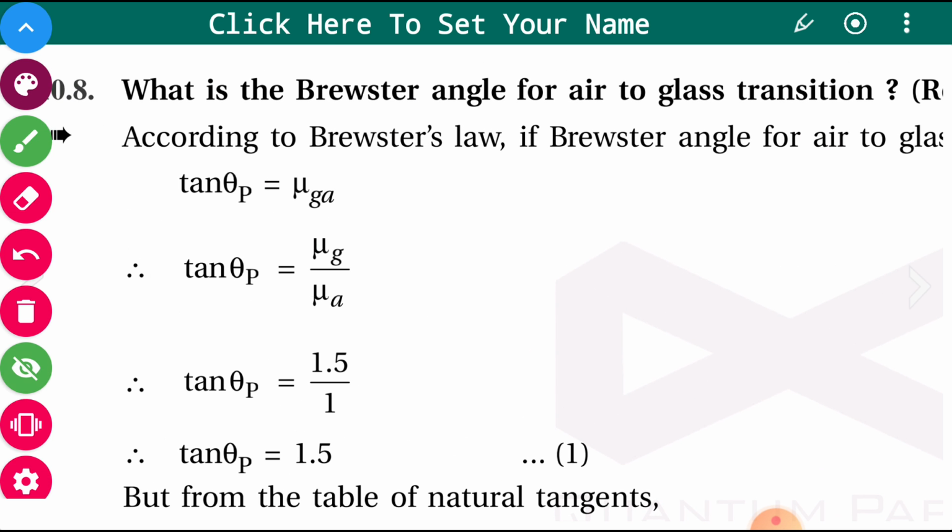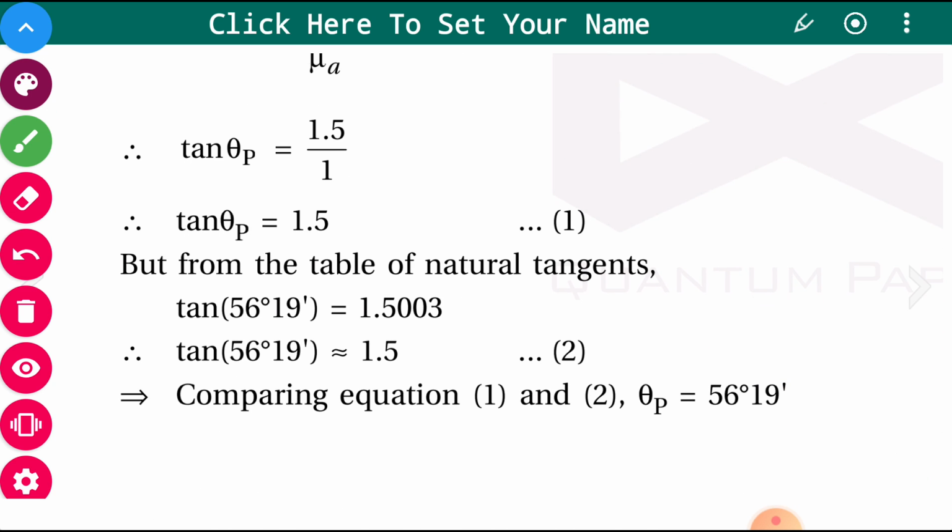So refractive index of glass upon refractive index of air. So tan theta p is 1.5. We just have to look into the natural tangent table and find the value for 1.5. It is about 56 degree 19 minute, or we can say about 56.3 degree.